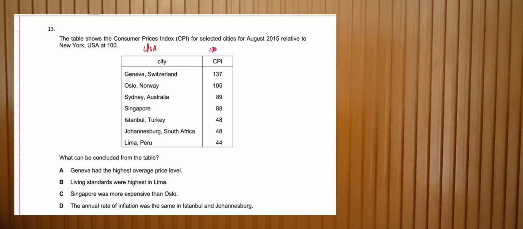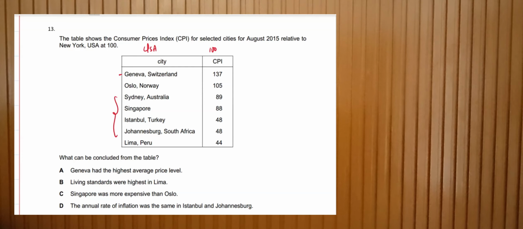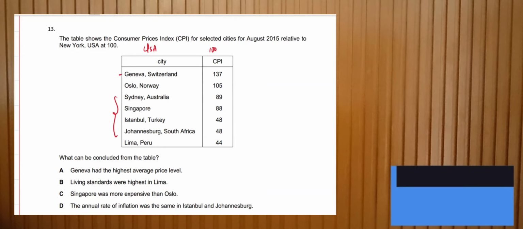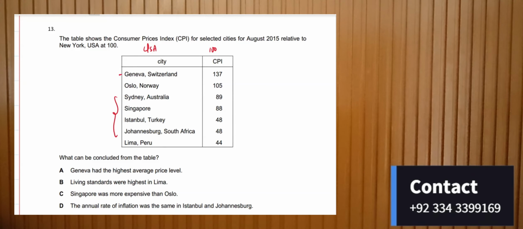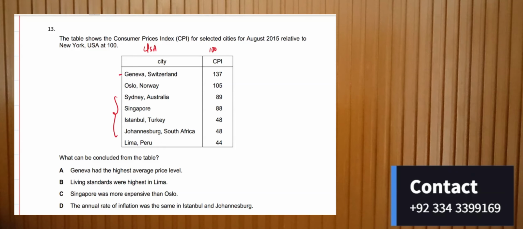So this means that Geneva, Switzerland is more expensive, Oslo, Norway is expensive, and all of these cities are less expensive than New York, all right? What can be concluded from the table? Geneva had the highest average price level. Well, not the highest price level, but the highest inflation, that can be said.